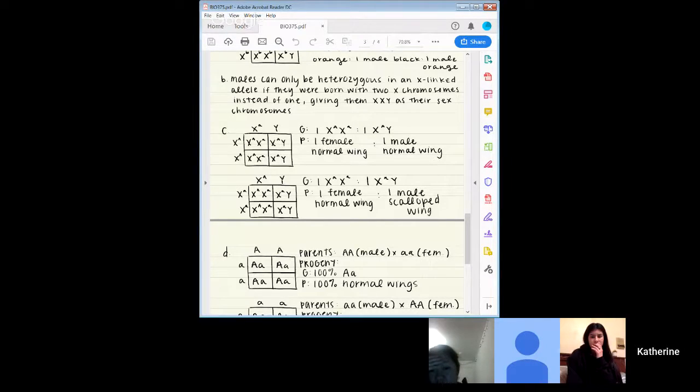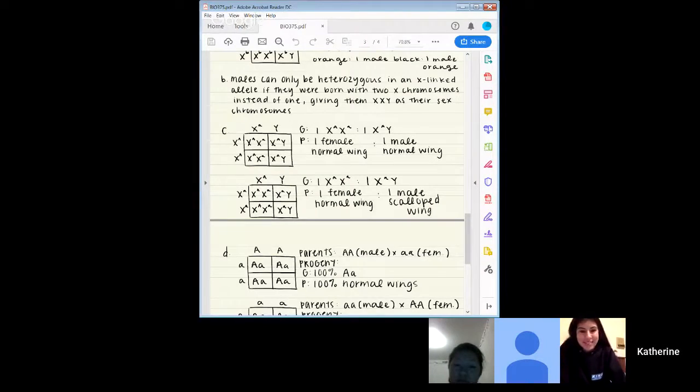And if it doesn't change the phenotypes, then that means that it was actually an autosomal mutation, like on an autosomal chromosome. But because it changed the phenotypes from the first cross to the second cross, that verifies that it's an X-linked recessive mutation.